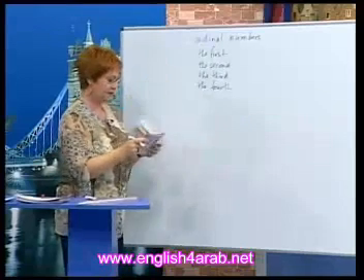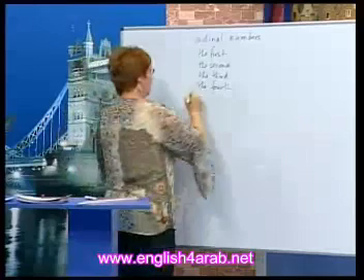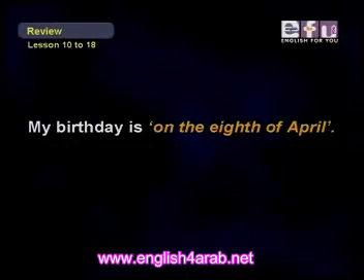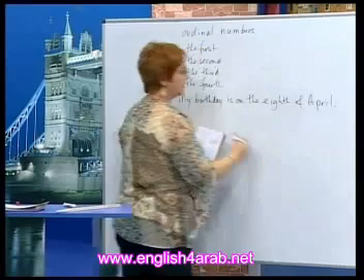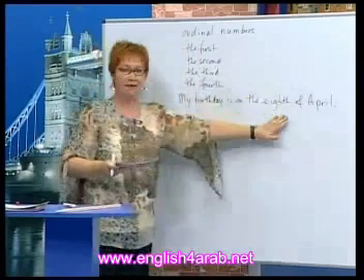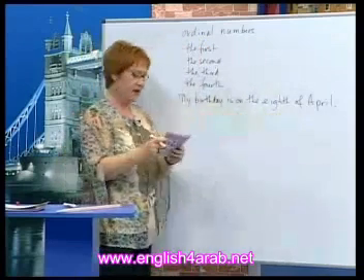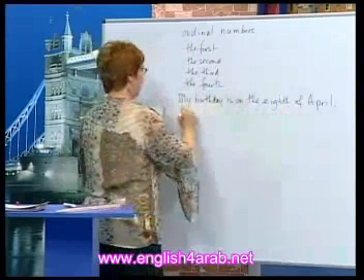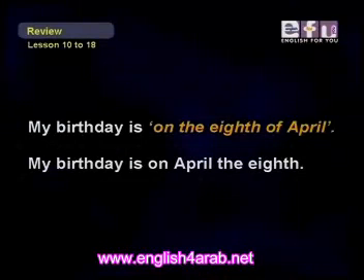So, the first. So, if I say, my birthday is on the 8th of April, you can see that it's the 8th day of April. And we can also say, my birthday is on April the 8th.